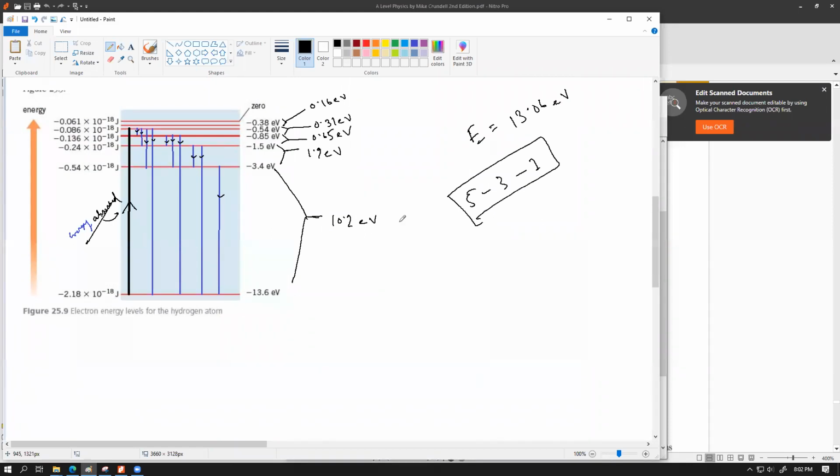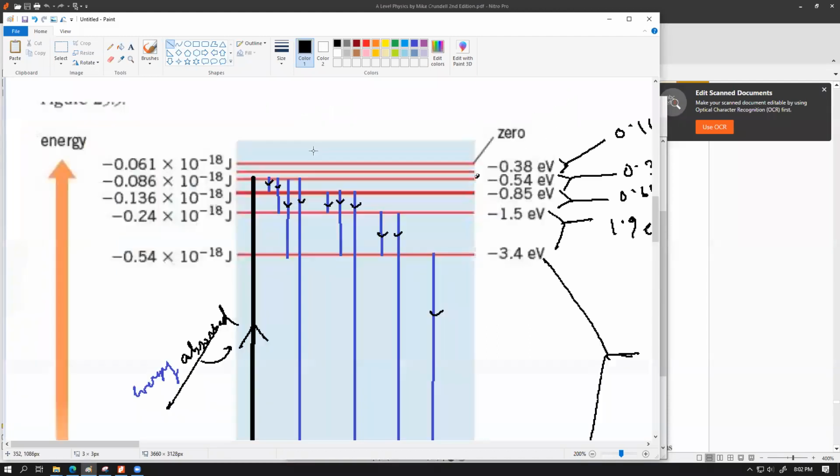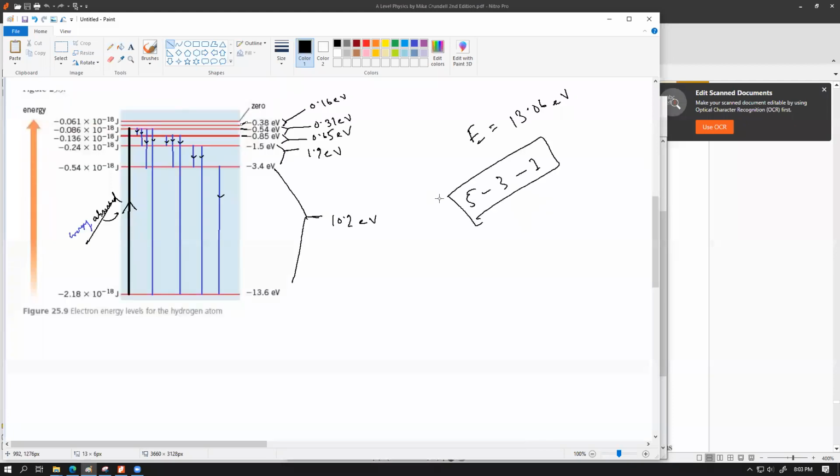Have a look. If the electron jumps from 5 to 3, the energy value for shell number 5 is this one. I might as well label this because this is actually a bit tilted. Labeling means this is relevant to this one, this is relevant to this one, and this is relevant to this one, and that one is 0. So whenever the electron is going from 5 to 3, we have to subtract the energy difference of those two values.